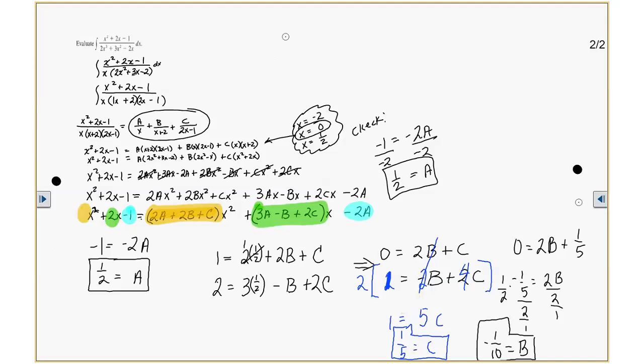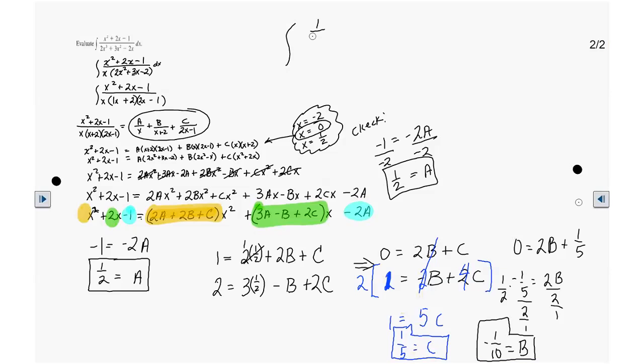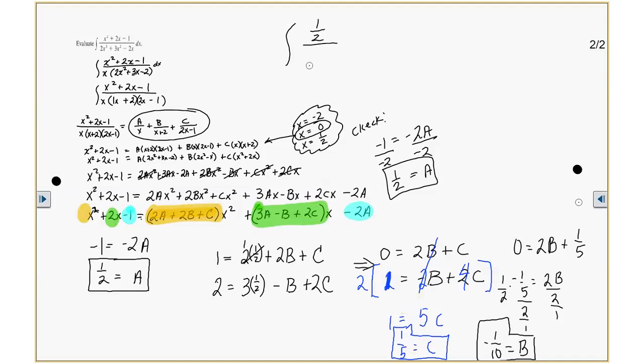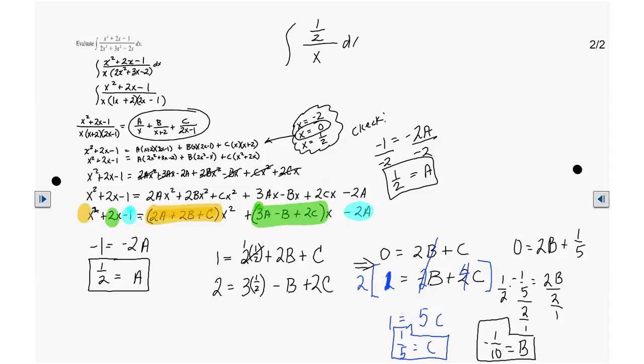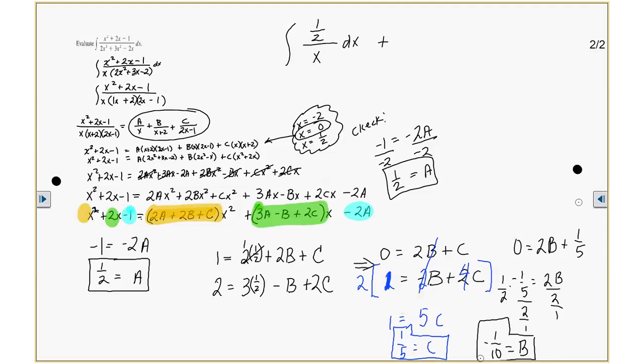we set up our integral 1/2 over x dx plus, what's B?